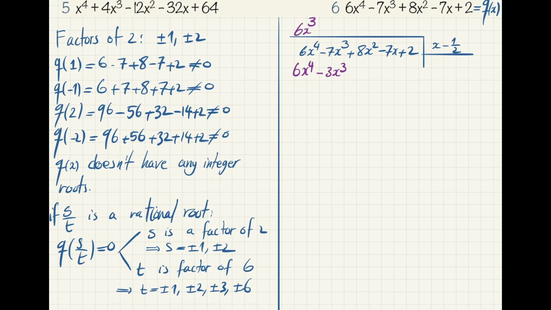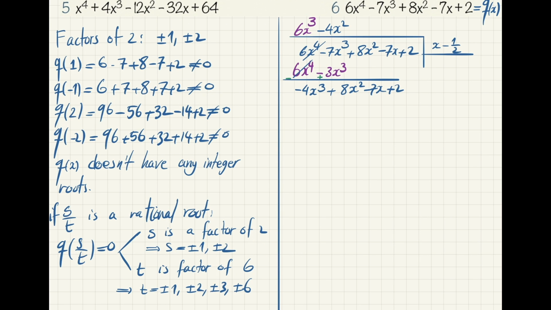I will change the signs, so this becomes negative, this becomes positive, and then I add them. When I add them, this one and that one are gone. What I get is minus 4x to the 3, and I will bring down the rest of it. Then I do the division once more, so it's minus 4x to the power of 2.